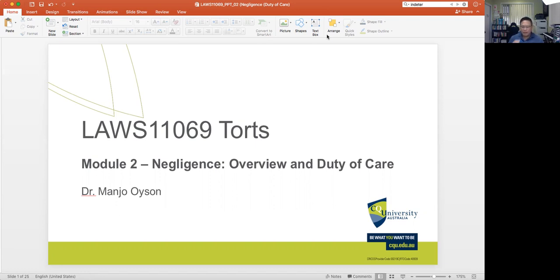We will see, however, that the issue of duty of care is a bit complex and is a bit vexing, mainly because when you think about the tort of negligence, even if it could be established that a person has been negligent, and it could also be established that as a result of a person's negligent action or omission, there has been harm suffered by a plaintiff, the presence of those two elements, as we will see, will not be sufficient to found an action on the tort of negligence.